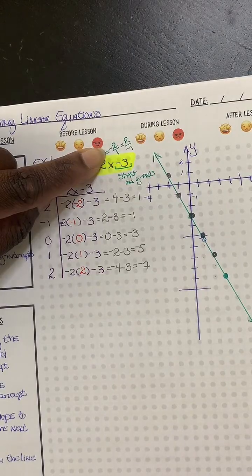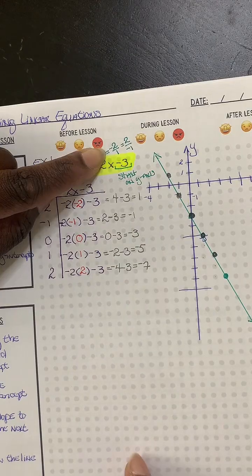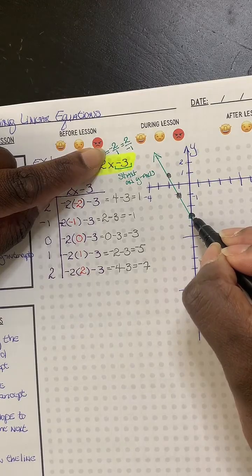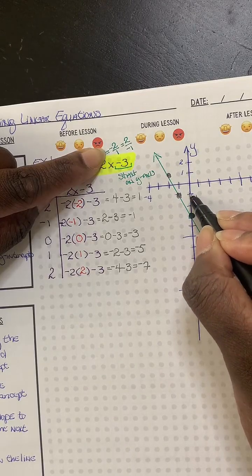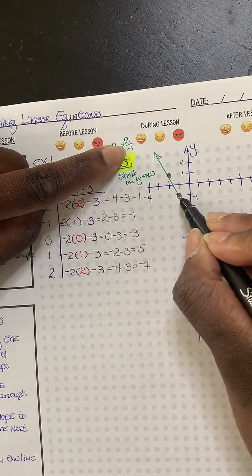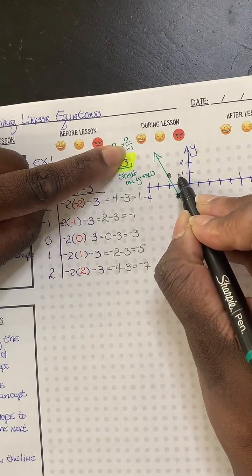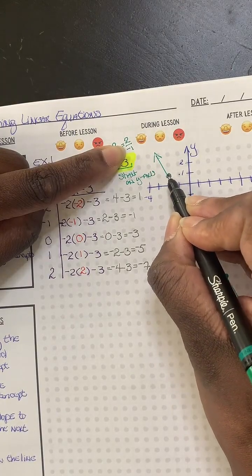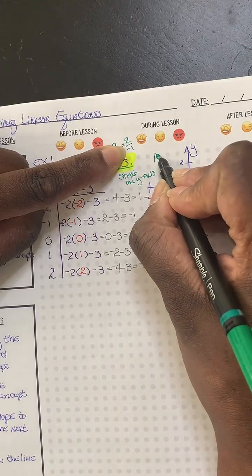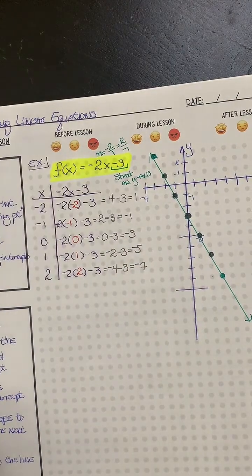When you're dealing with a negative slope, only one of those two numbers needs to be negative. So if I'm starting here at -3, I can go up 2 and over to the left 1, because it's a -1. Or go up 2, over to the right 1, and that'll be the other point that's on that line. All right?